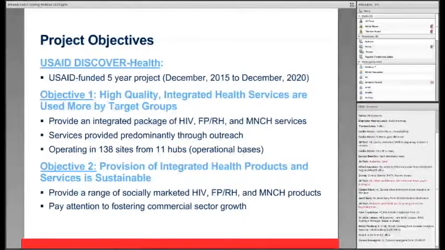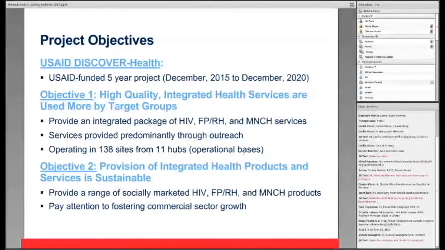We recently were given 2 big hospitals that were handed over to us from a CDC-funded project, and both of them are main hospitals. Under the second objective, our objective is essentially to provide integrated health products and services in a sustainable manner.